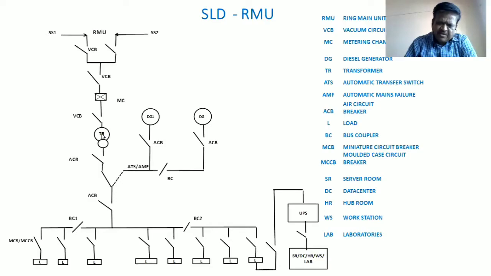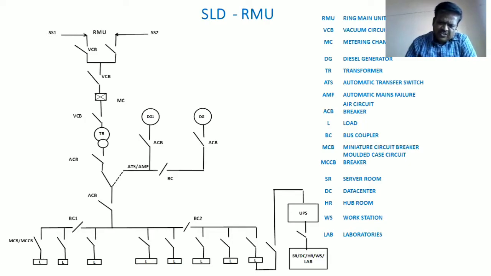Primary side is connected to the 3-phase 11,000 volts, and the secondary side reduces the voltage to 415. So from the starting point till this end, it is called HT, high tension, 11,000 volts. Again, from the secondary side till the dead end, it is called LT, low tension, that is 415 volts 3-phase and 230 volts single phase.